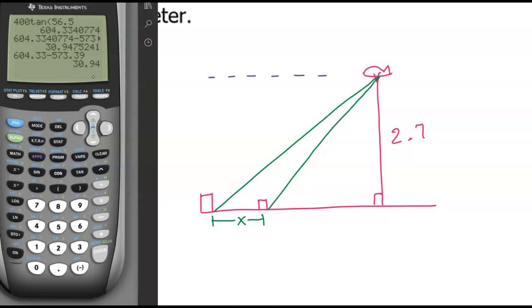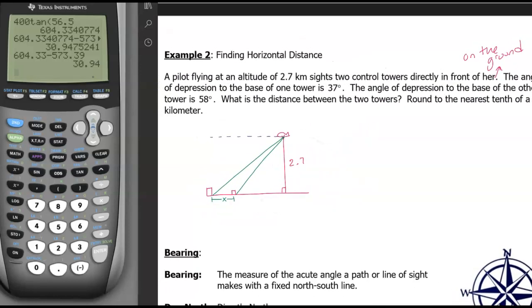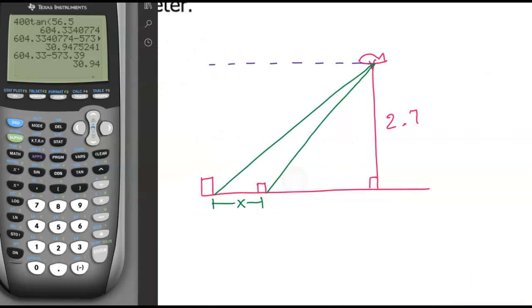So I need to draw in a fake little horizontal line. The first angle of depression is 37 degrees. Now, this is a smaller angle, meaning it's going to go on the smaller angle of depression. And 58 would be the larger angle of depression.